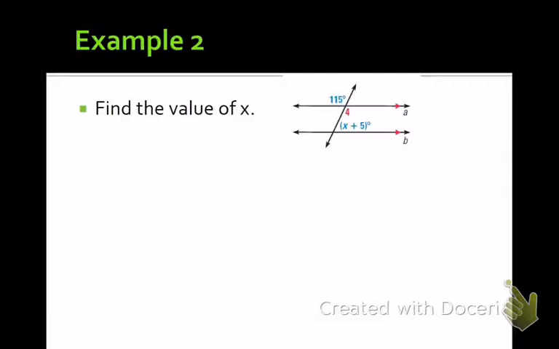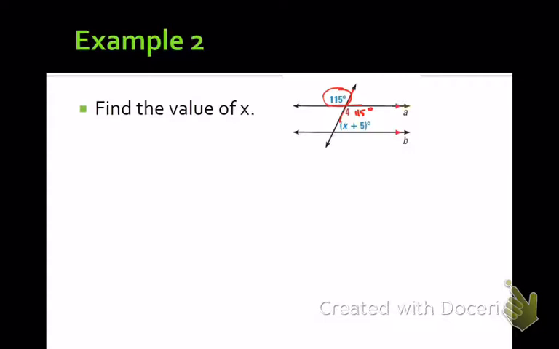We can use this to help us find the value of a variable, to find different angle measures, whatever. In this one, we want to find x. Here's what I know. If this is 115 degrees, then because of vertical angles, and yes, vertical angles still exist, this one is going to be 115 degrees.